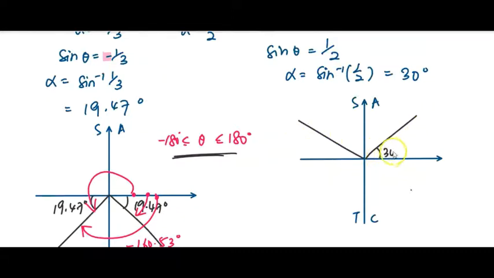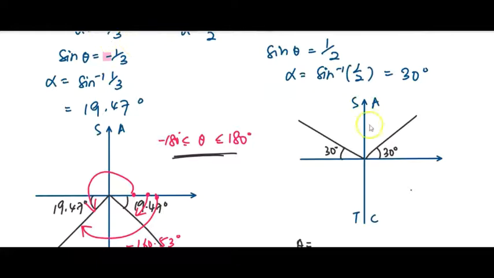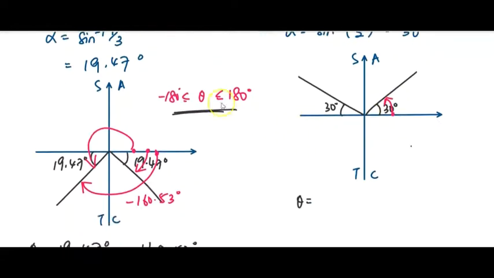Then we mark down our basic angle over here, next to the x-axis. Now we measure our angle by rotating from the positive x-axis, following the anticlockwise direction. The first answer I got is 30 degrees, and the next answer is this one. This is 150 degrees.